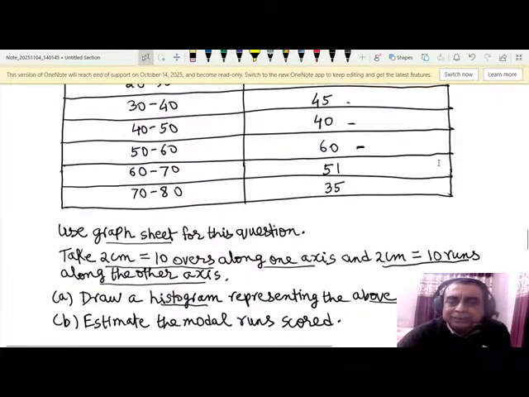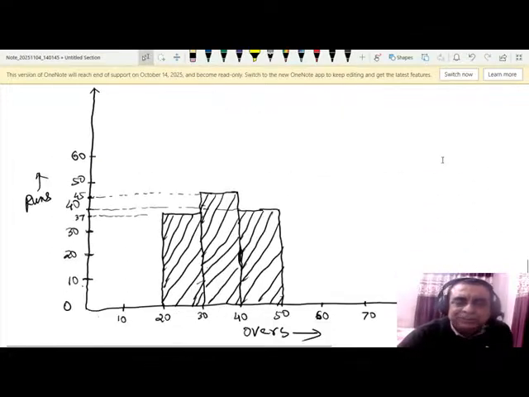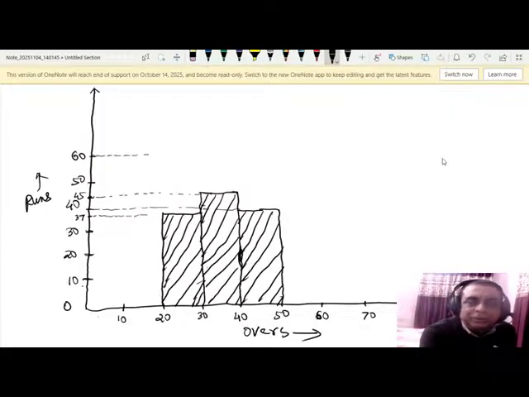Next is here. 50 to 60 is 60. So draw a bar up to the 60 mark. Where the horizontal line passes through 60, we will draw a bar rising from 50 and dropping at 60 of this height.